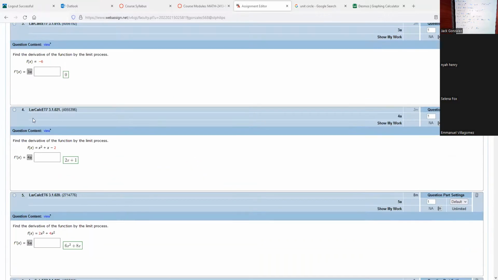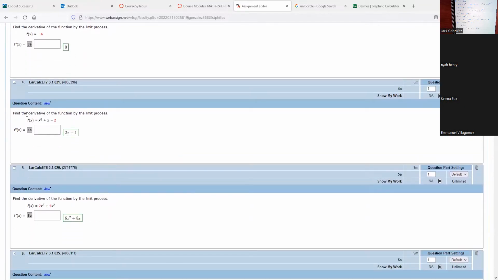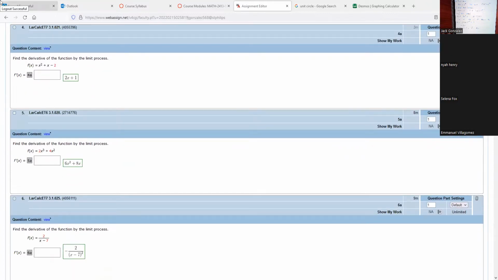Let's do another one. Let's do example 5 using the shortcut method. You guys cool on this page? Any questions on this? Does it make sense?